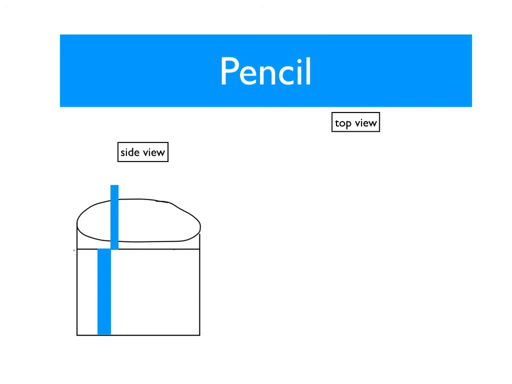So let's view that from on top and let's see if we can trace the rays and figure out why this is happening. So here you see the pencil off to the side. It's no longer in the center of the beaker. Light rays are going to come off of the top half and the bottom half, but we're focused on the bottom half of the pencil because that's where this effect is happening.